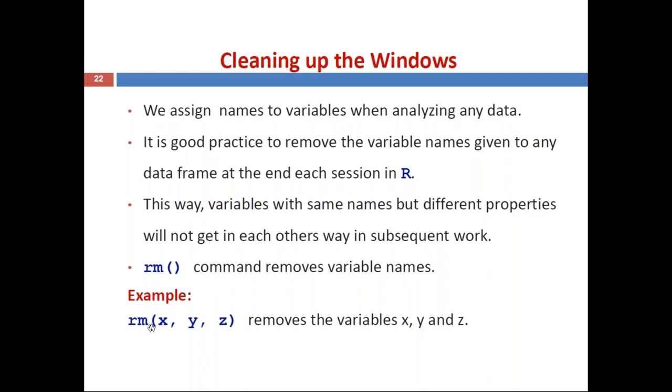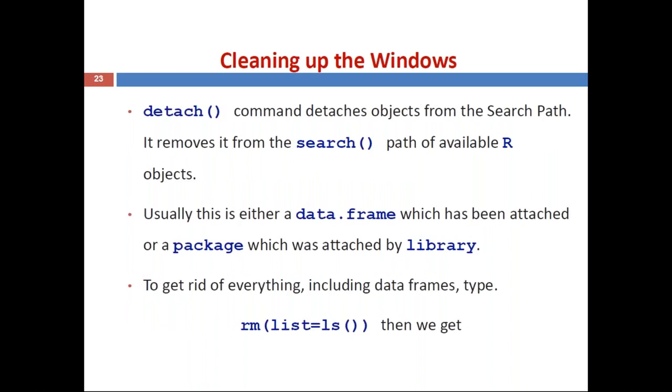For example, rm of x, y, z. Whenever you use this command, it removes the variables x, y, and z that were used earlier. Now, using some other function, detach. Detach is a function which detaches objects from the search path. It removes them from the search path of available objects. So detaching is also one way of removing.